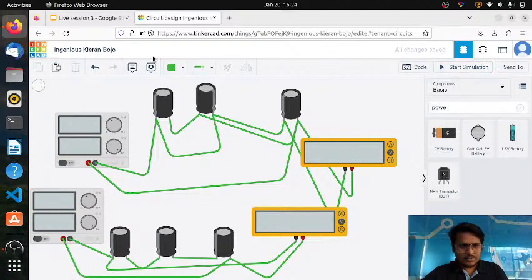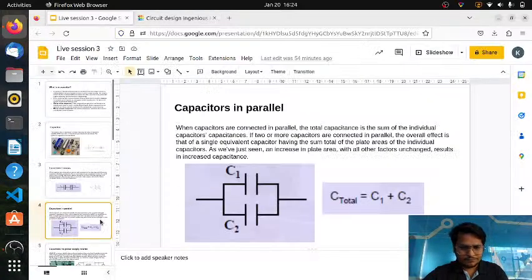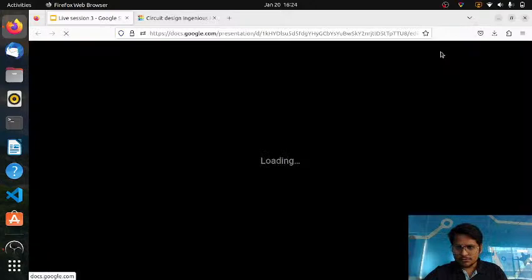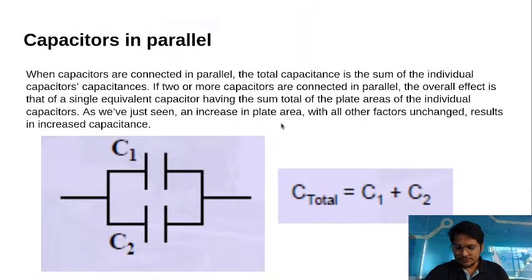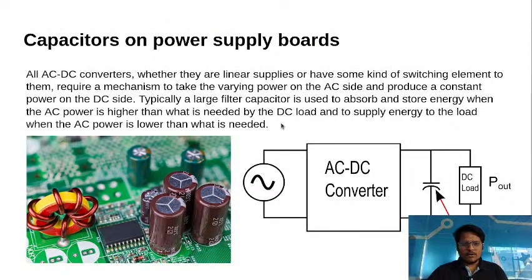So moving on, let me open the slides. Yes. So now we have learned about the parallel connection also. Now in the power supply boards we have seen many numbers of capacitor, like this is the power supply.